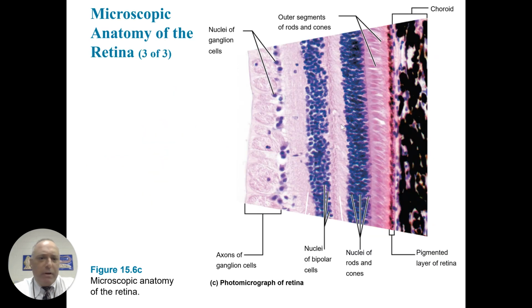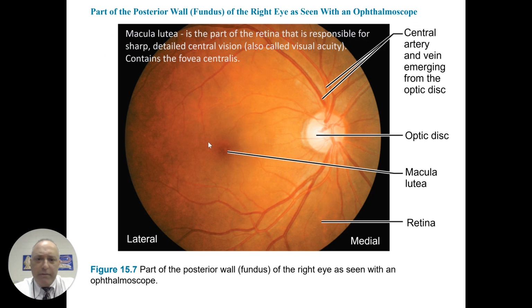Here's another picture, this time a real picture, showing the choroid, the cones and rods, bipolar cells here, and then the axons of these ganglion cells as they emerge into the optic nerve.